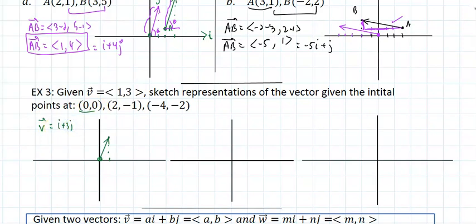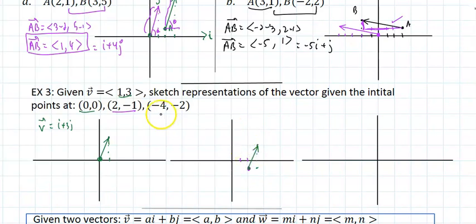Doesn't matter. What if this vector was to start at 2, negative 1? If this is my starting point, then the vector is kind of like you move that around anywhere you want. If you were to put it right there, it's going to move 1 to the right and 3 up. And you could move it anywhere you want.